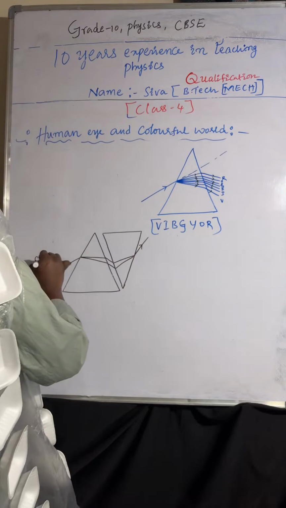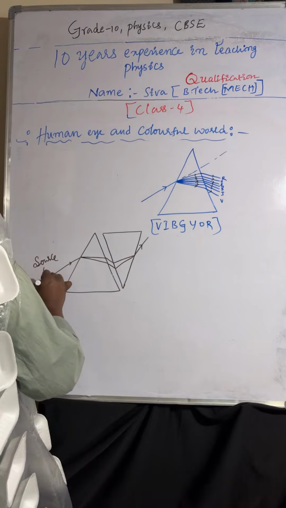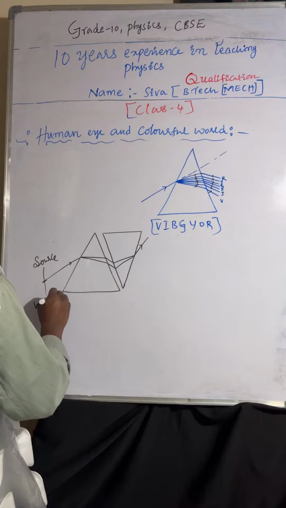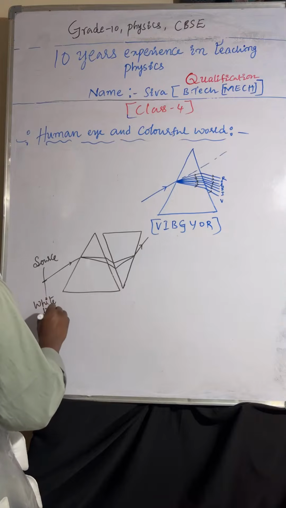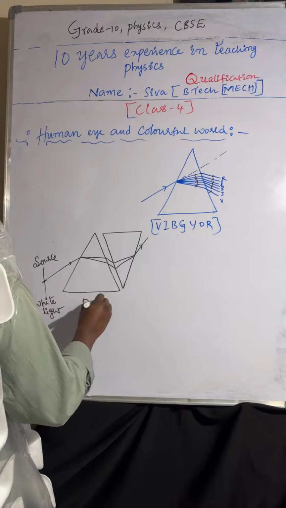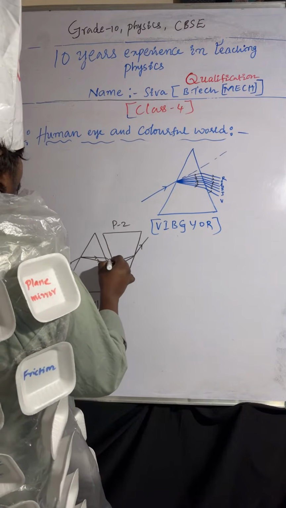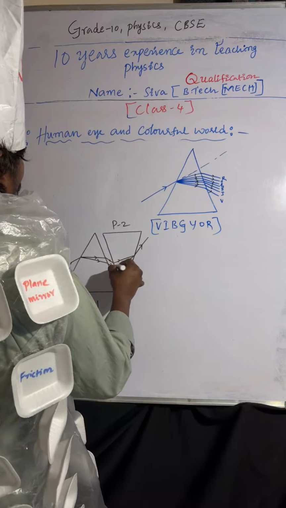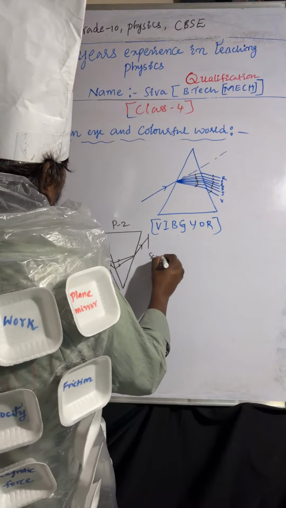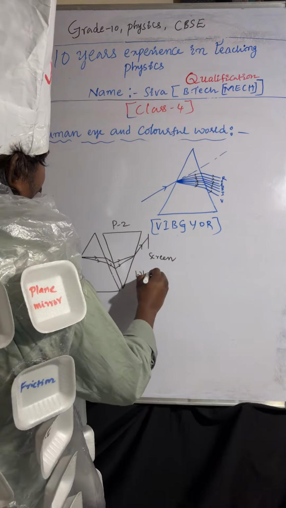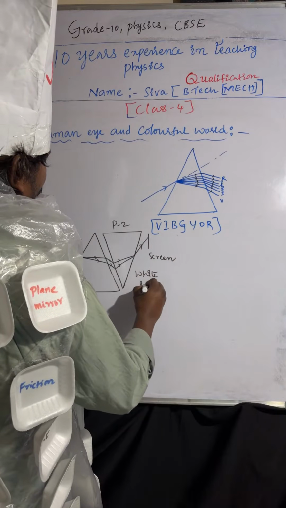So here, source white light, and this is prism 1, and coming to prism 2, and this is the screen. On the screen we will get white light.